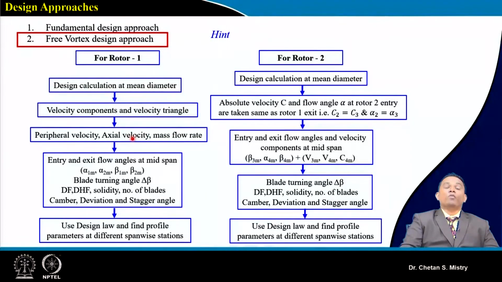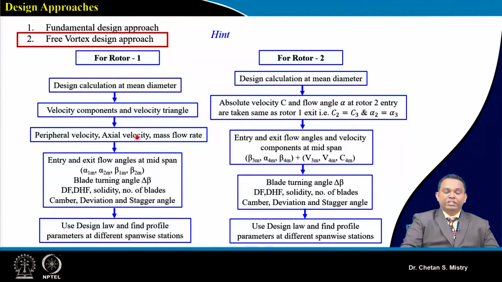That means the absolute flow angle at the exit of rotor 1, alpha 2, will be equal to alpha 3. We make this assumption to simplify our design process. Later on we will discuss this; we have adopted this method and done our design with it, and it works absolutely fine.